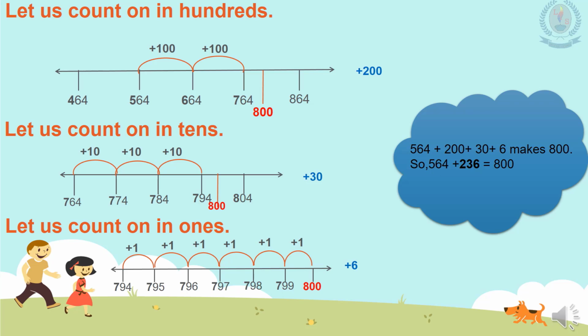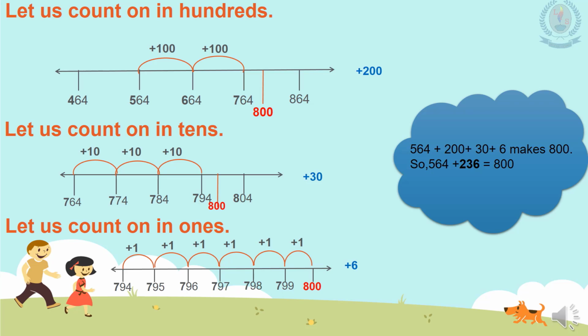Let's count on in hundreds first. Here, we only count on in hundreds two times from 564 to 764, because 864 is greater than 800. So we can't go further.